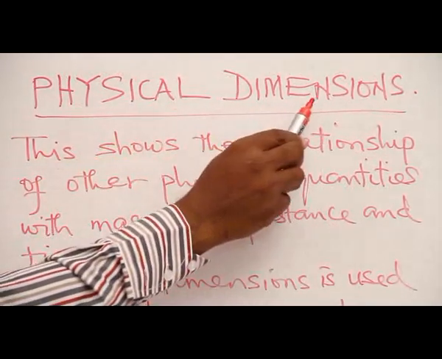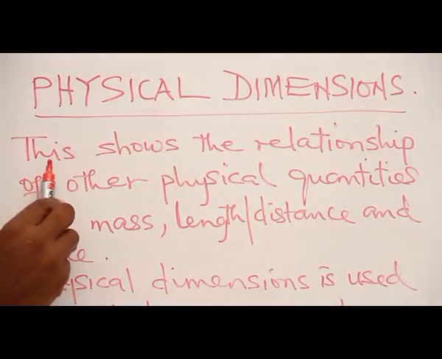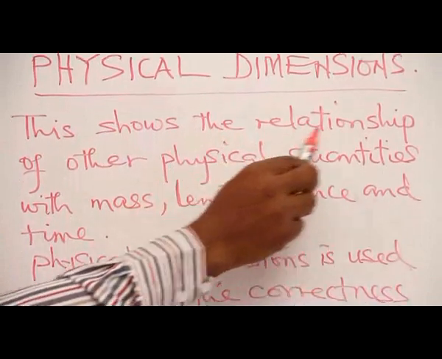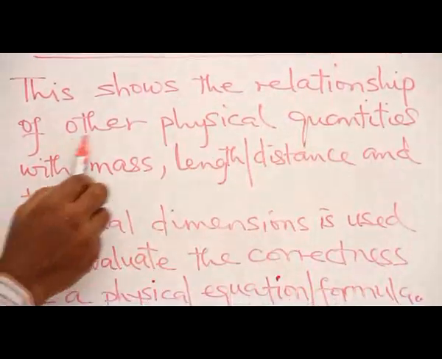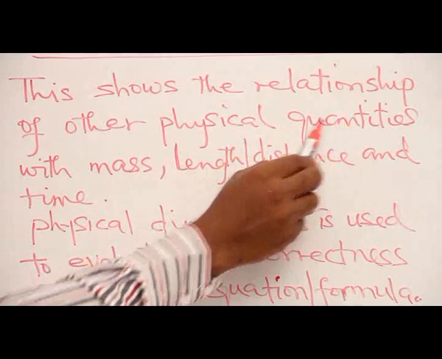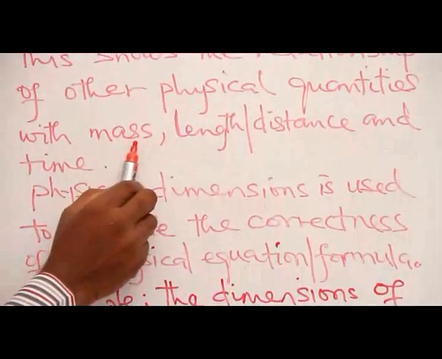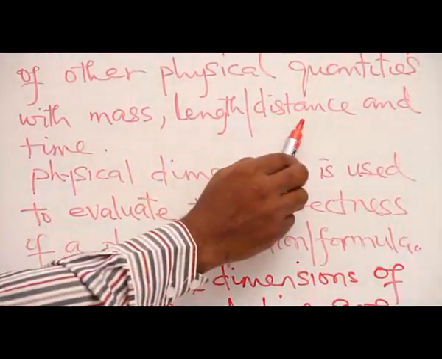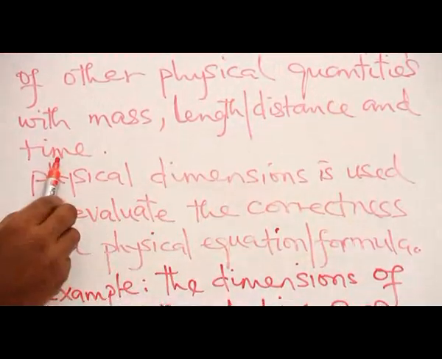Physical dimensions. This shows the relationship of other physical quantities with mass, length or distance, and time.